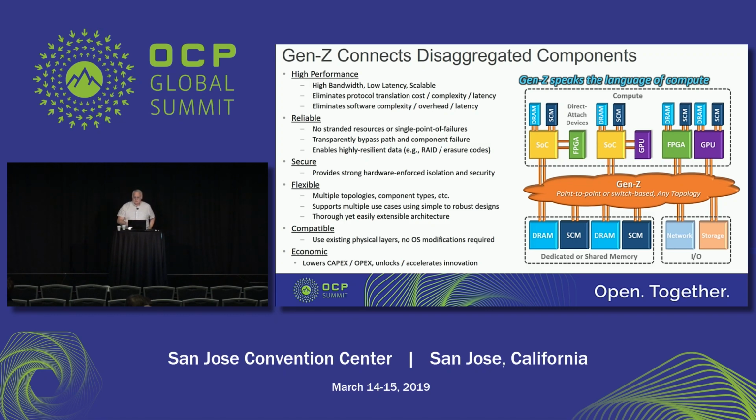I show several SoCs, systems on a chip, GPUs associated with those, talking across a common Gen Z fabric which has some DRAM modules, storage class memory modules, and even encapsulation going out to network or storage resources.